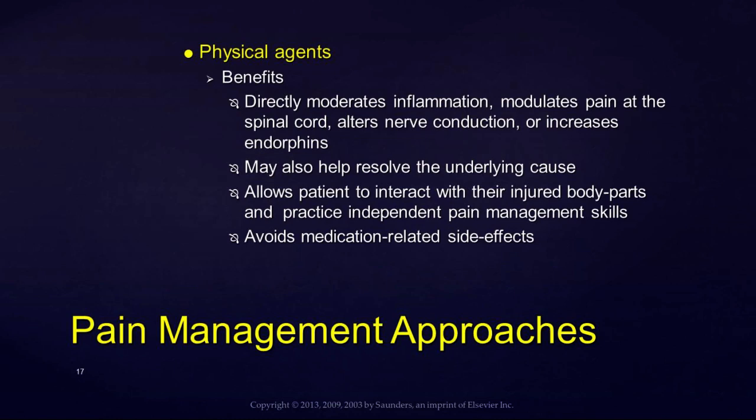It can increase the microhealing at the tissue level. It can help accelerate healing, so it's helping to resolve that underlying cause. Ice and elevation can help with the swelling, and the underlying cause of the pain might be swelling putting pressure on the nerve tissues, and so that can help resolve it.